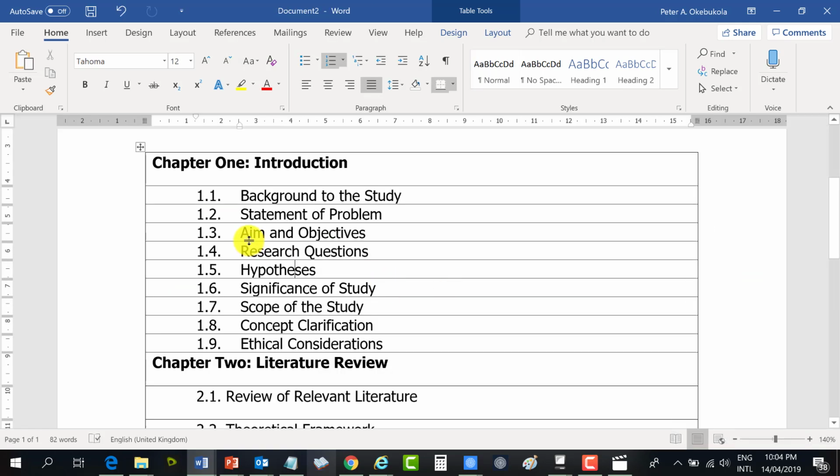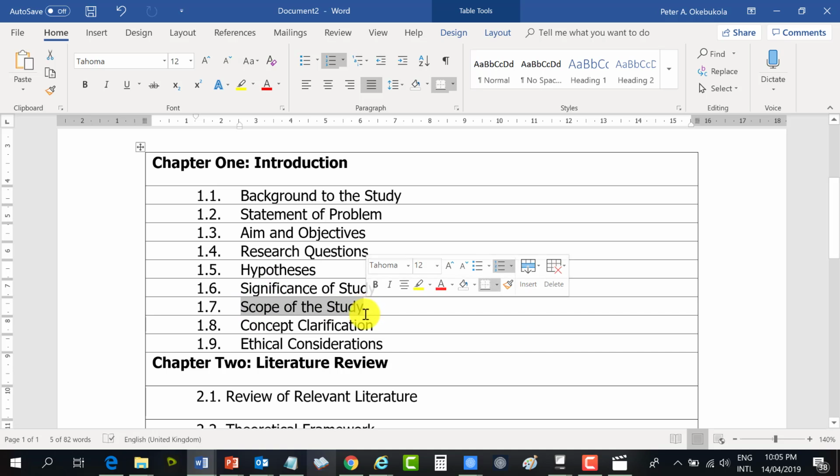So coming back to the main elements, after research questions you then look at the hypothesis. In some studies, you may not need a hypothesis, but in a number of them, especially in non-science disciplines, you will be needing a hypothesis. Then you have to tell us, why is your study significant? Then the scope of the study, what area is it covering?